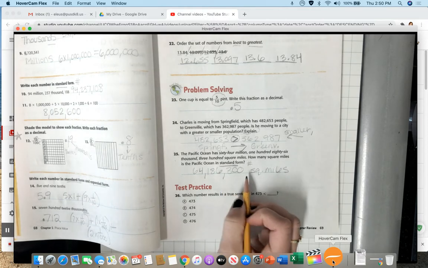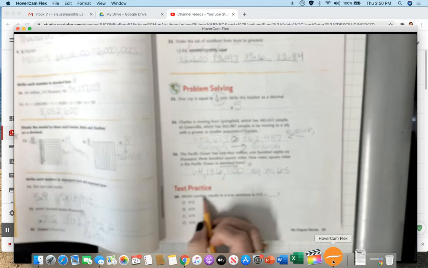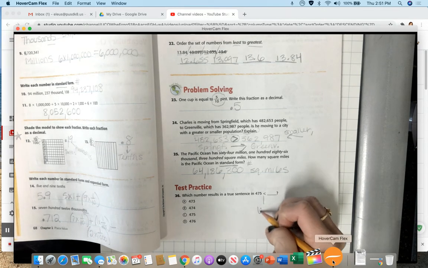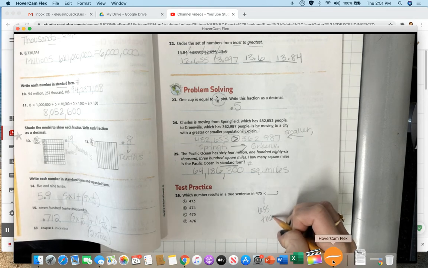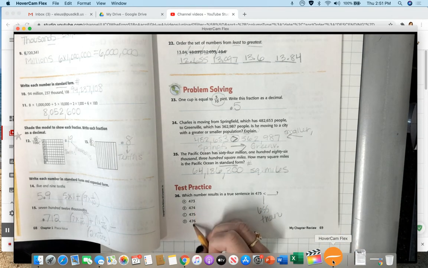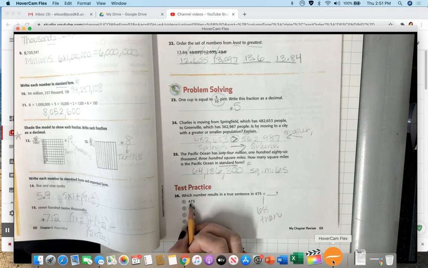Our last question. Which number results in a true sentence? 475, this symbol reads less than. So 475 is less than which of these numbers? 473, 474, 475, 476.